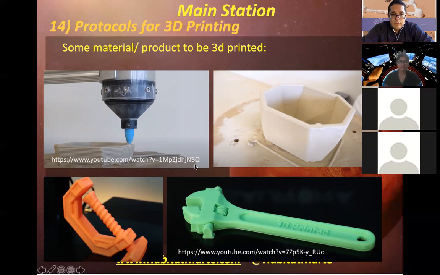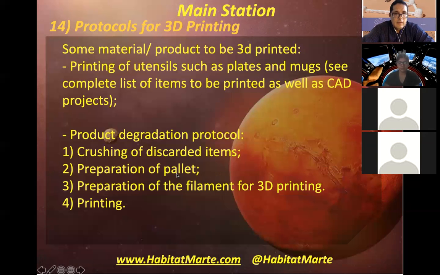They use the regolith or create a composting material to be used, and also create a material like a clay to be used to print some materials and some utensils to be used on Mars. Okay. And then so protocols for 3D printing.